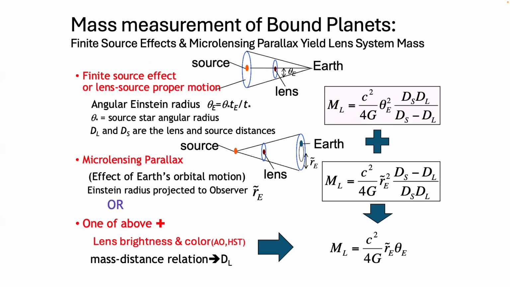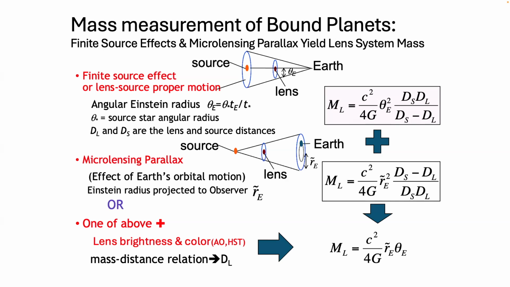Like the last two talks we saw about observing with Keck AO and doing mass measurement, but how do we actually do it? So there are two mass distance equations we get from the geometry of the microlensing.